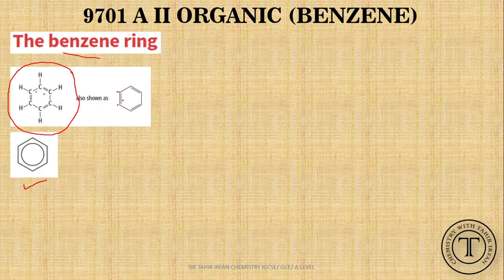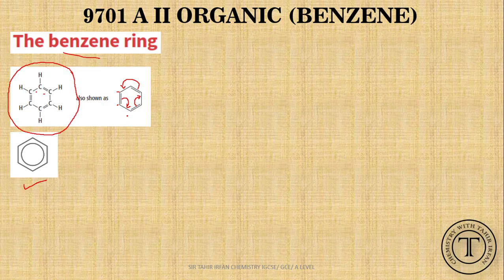This particular double bond can shift towards these two carbons as well, or this particular double bond can shift toward this one and this one towards these two carbons. So in fact, the double bond is not fixed in the benzene ring.